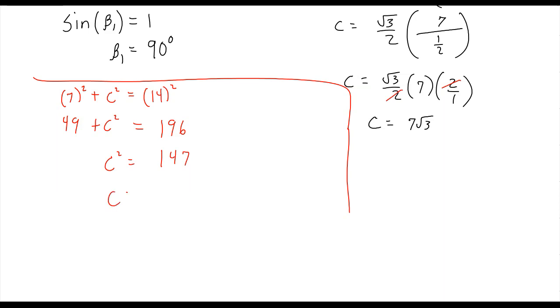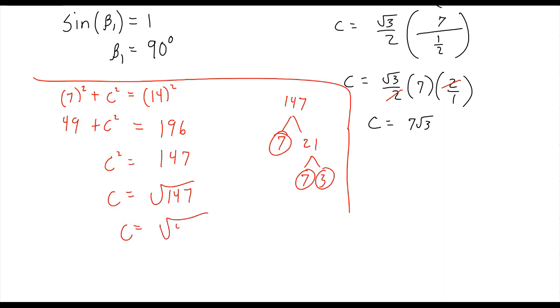Then the square root of 147. Well, let's break down 147. That's what, 7 times 21. 7 is a prime number. 21 is 7 times 3. So two 7s and a 3. So let's multiply the 7s together. That's going to be the square root of 49 times 3. That breaks up: square root of 49 times the square root of 3. And the square root of 49 is 7.